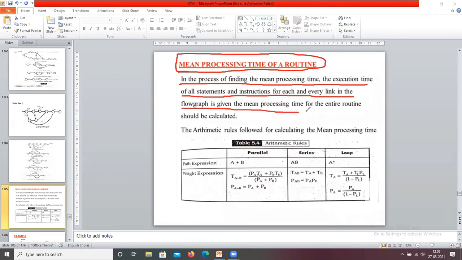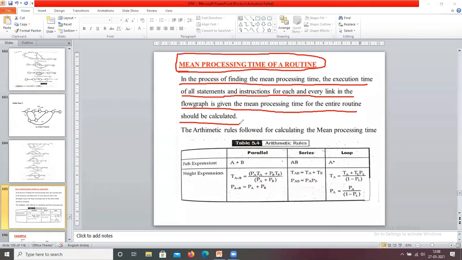The mean processing time for the entire routine should be calculated.